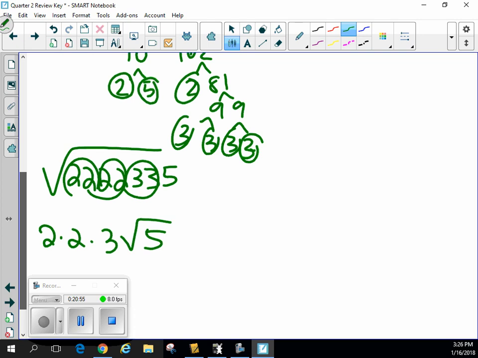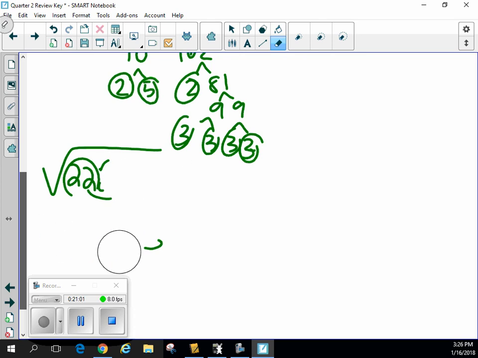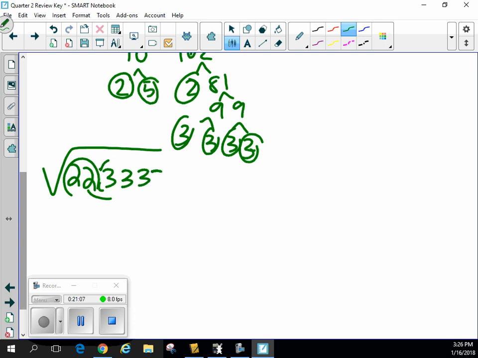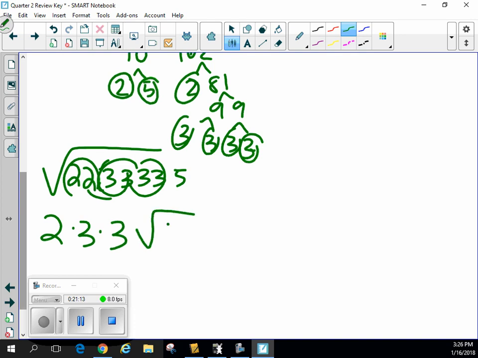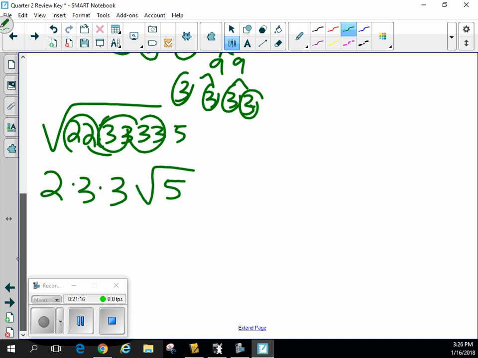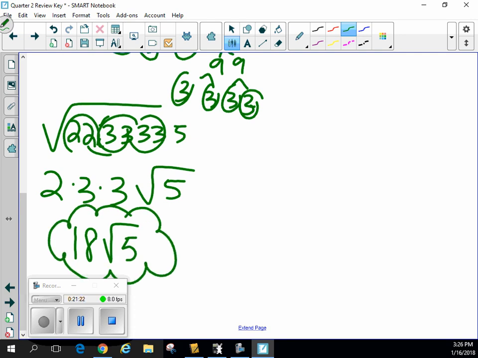I'm sorry, I misread my own numbers. There's only 2 twos, not 4 twos. So, going back here, it's 2, 2, a 3, a 3, a 3, and a 5. Again, taking out our twins, it's a 2, a 3, a square root 5. 2 times 3 is 6, 6 times 3 is 18. So we get 18 square root 5 when we break down our discriminant.